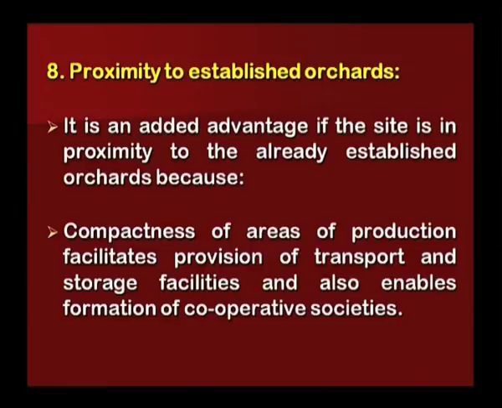Proximity to established orchards. It is an added advantage if the site is in proximity to the already established orchards, because compactness of areas of production facilitates provision of transport and storage facilities and also enables formation of cooperative societies.